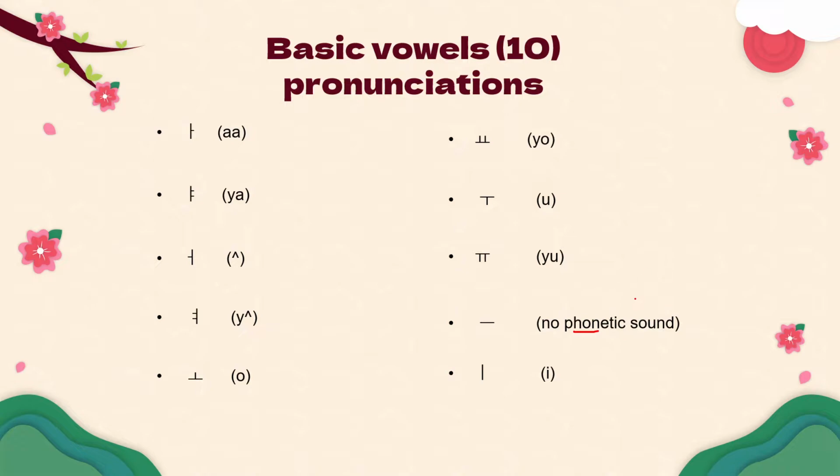That is why we write no phonetic value, because the consonants already carry some of this sound with them. It's just the consonant, and if you put the consonant, there will be no much change in the sound.